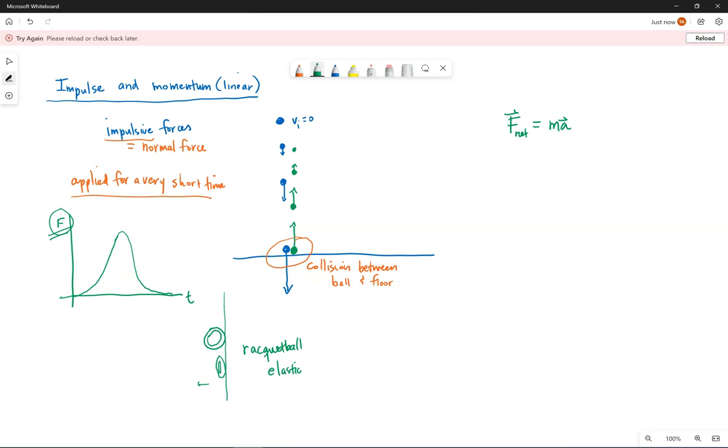So we've solved problems using Newton's laws. We can draw a free body diagram, but what we want to do is look at these situations that we're defining as impulsive forces. So something like a collision. It doesn't need to be the ball with the floor.